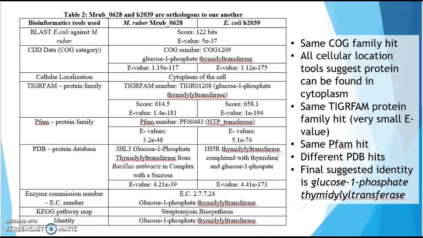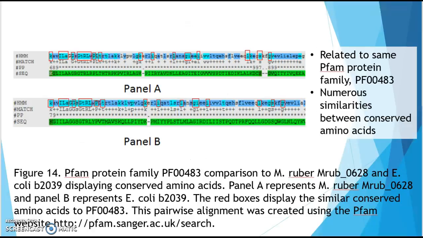So yet again, it can be seen that there is a lot of similarity between both MRUB0628 and B2039, suggesting that they are orthologous and that they both code for the protein glucose-1-phosphate thymidylyltransferase.